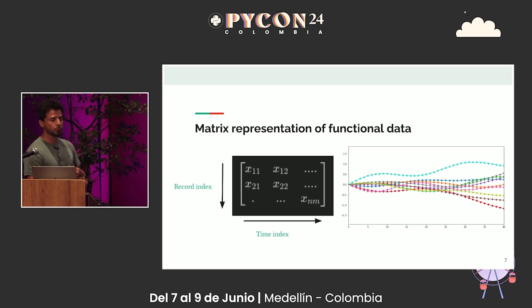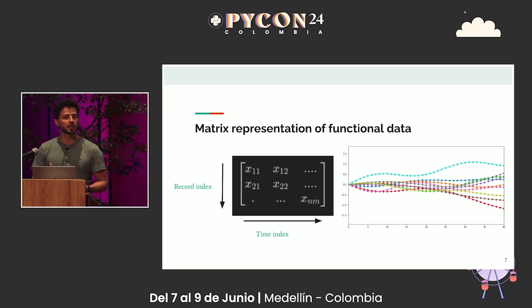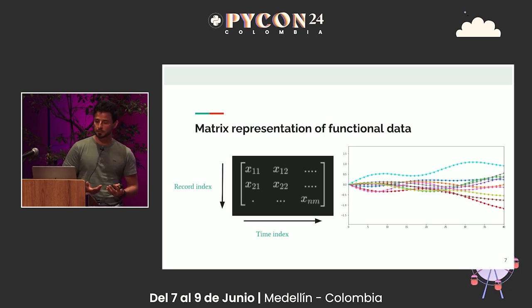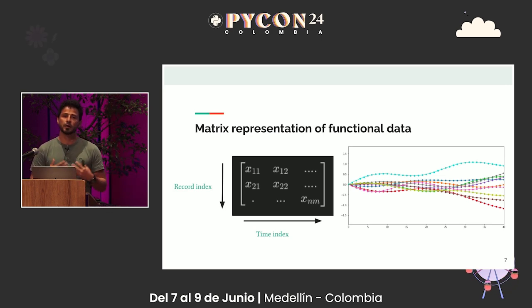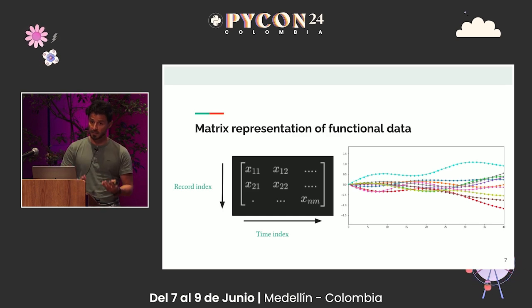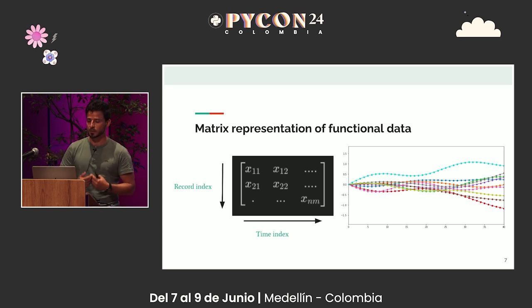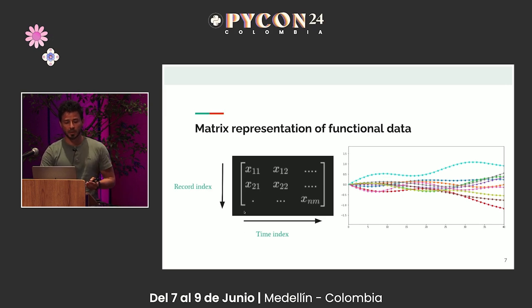So to start working with functional data, we have to define how we can represent functional data in a computer. Usually we don't get continuous data sets from reality. What we have is discrete points from the measuring. For example, in time, we can measure each day or each month or each year. And you can represent the data set in the following way.